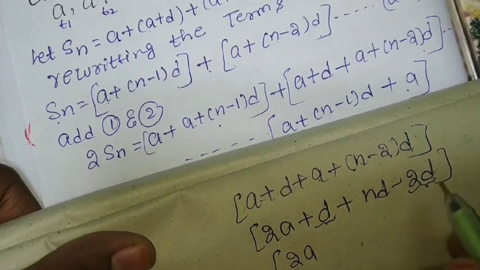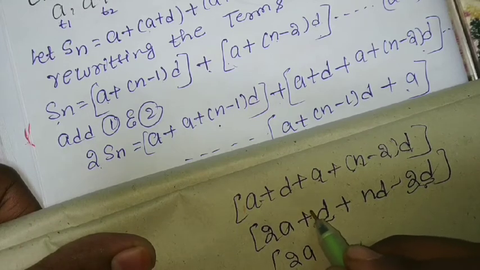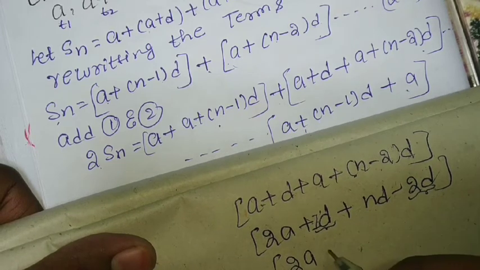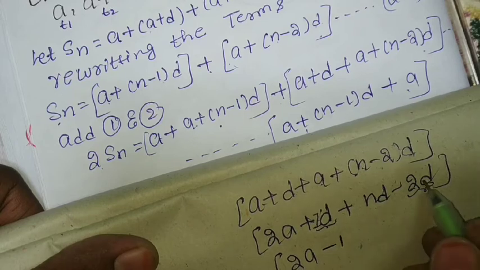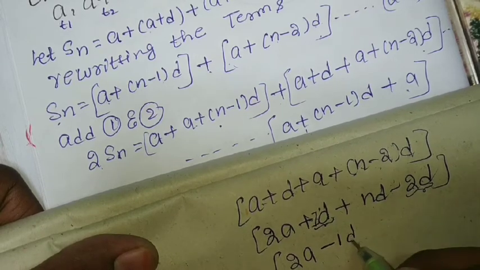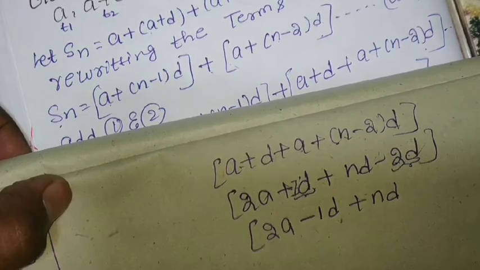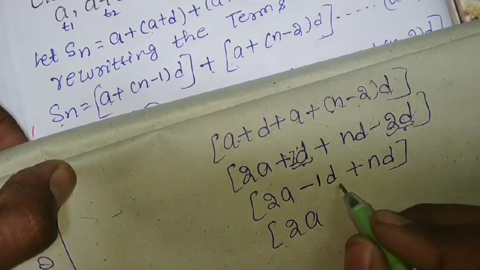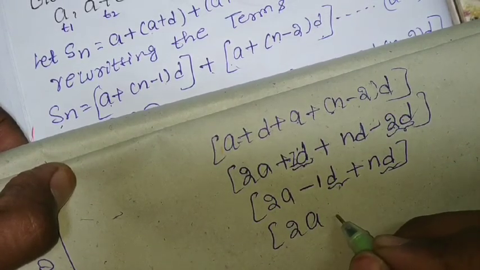If you don't know the answer, just think what is the coefficient of D here? In front of D we have 1. Okay, 1 into D. So 1 minus 2, what? Minus 1. So D is common. So keep minus D. Plus nD. Are you getting? And next, see here, 2A. So take D as common. Take D as common. How?